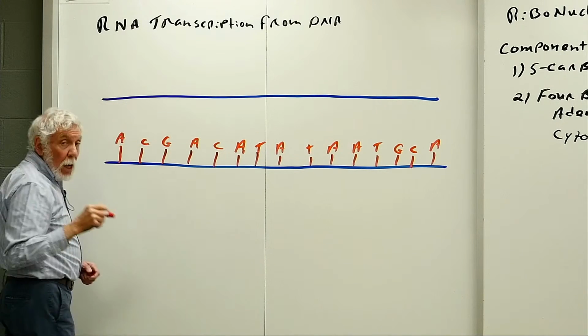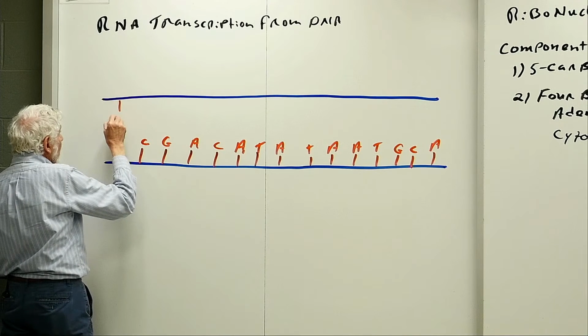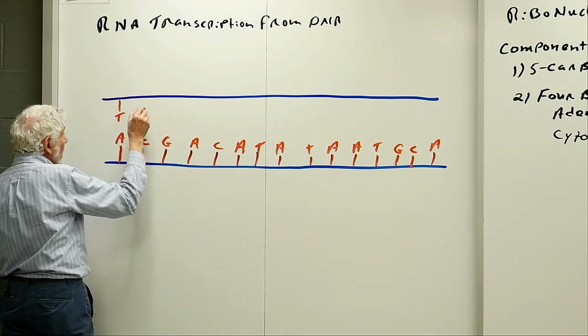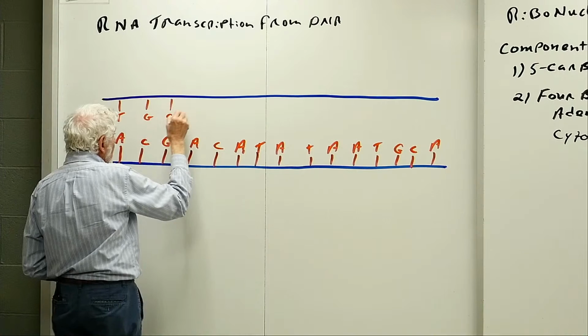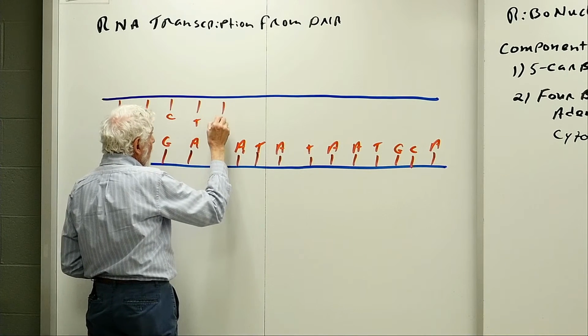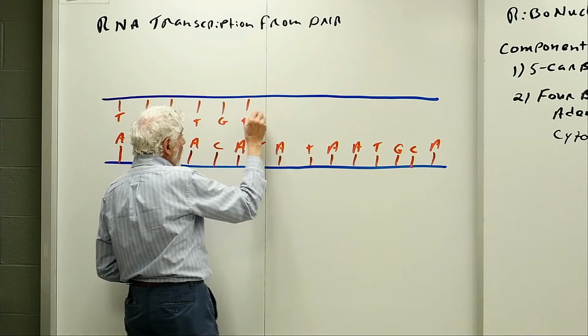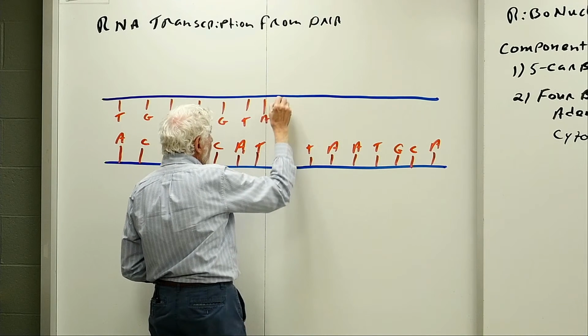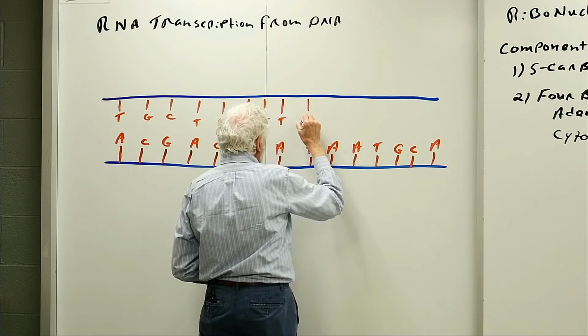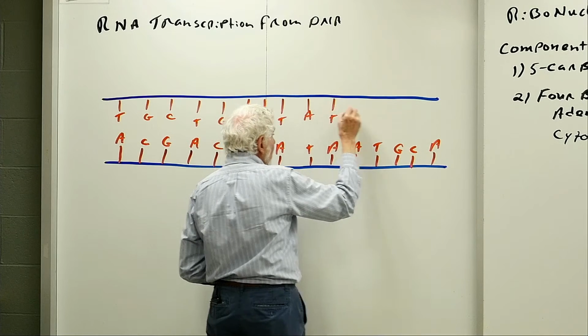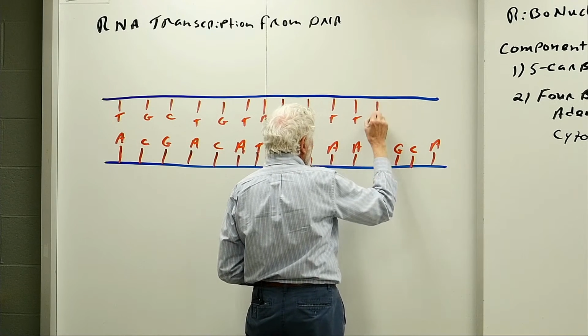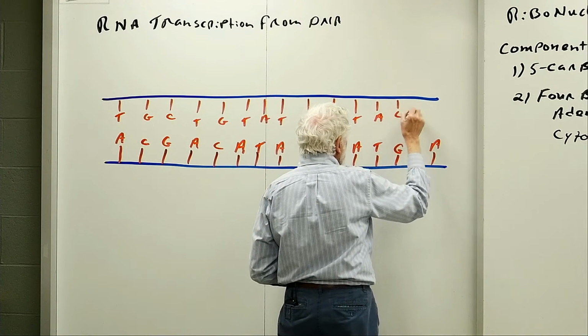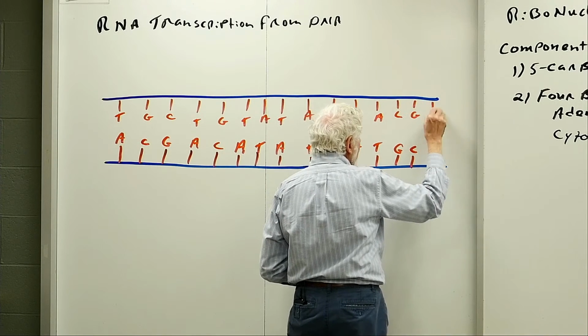Then there will be a complementary setup here, which will be thymine, guanine, cytosine, thymine, guanine, thymine, adenine, thymine, adenine, thymine, thymine, adenine, cytosine, guanine, and thymine.